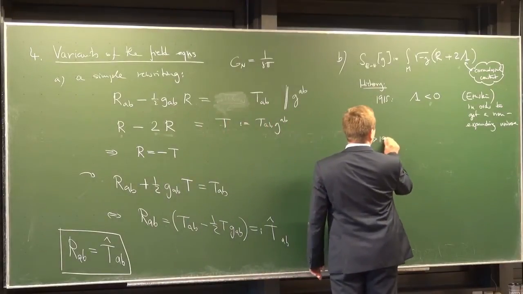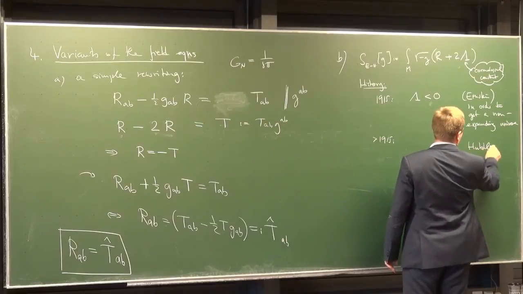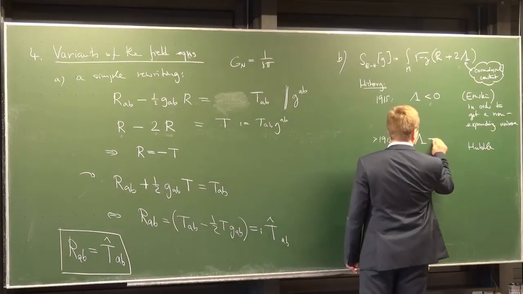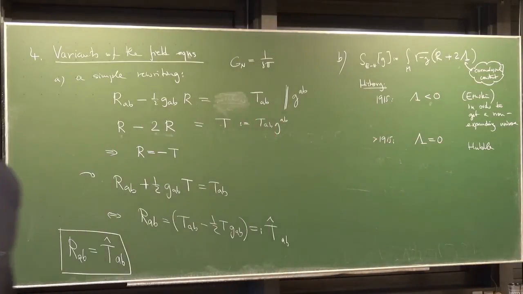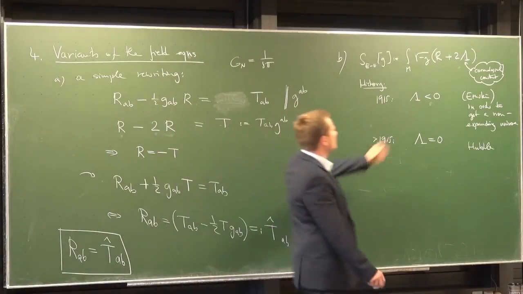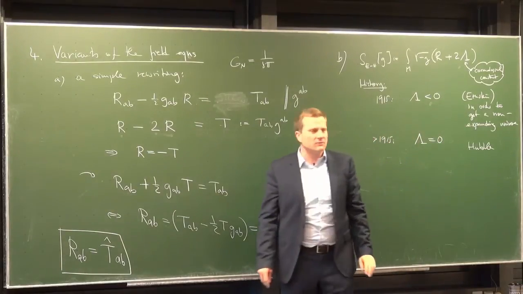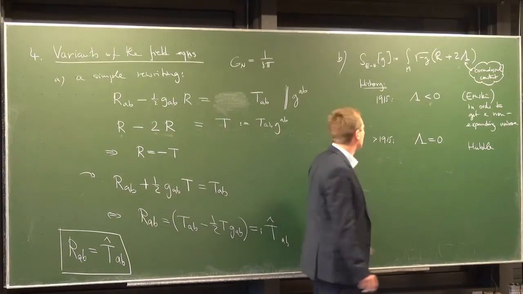Then later, of course, Hubble saw the universe is expanding, which is perfectly compatible with Lambda equals 0. So Einstein said this was my greatest blunder, I shouldn't have done that, this is so unaesthetical, and he said Lambda equals 0. I mean, no doubt there are many papers on why Lambda must be 0. Okay.